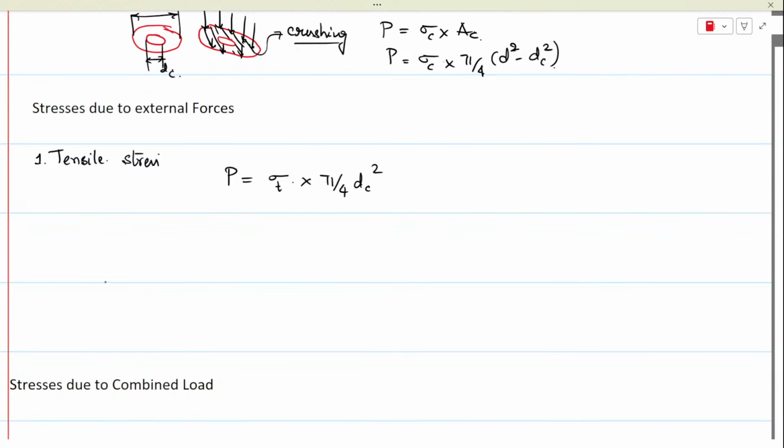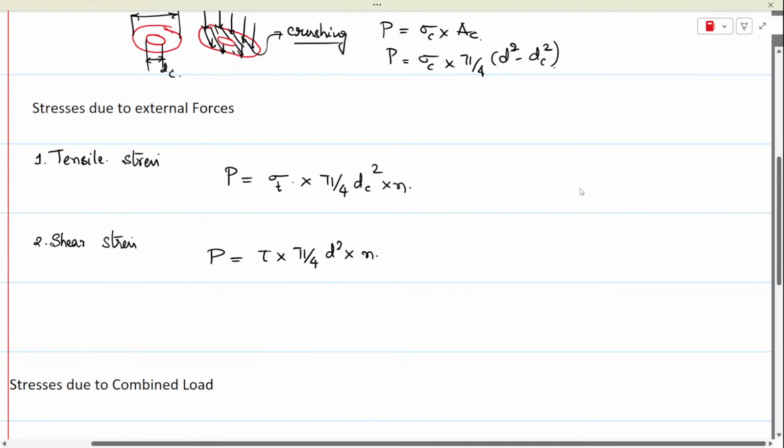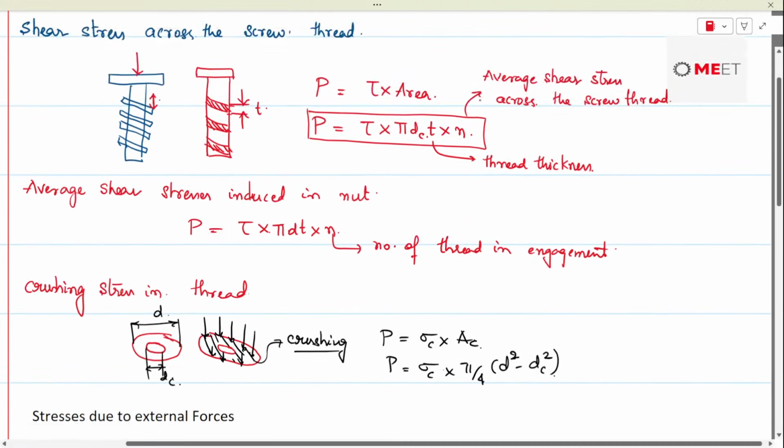In the same way, shear stress is going to be suffered in the shank portion. That is, load P is equal to tau into pi by 4 times d square into n. Here n stands for the number of bolts that are going to support the load. Earlier, n was counted as the number of threads in engagement.